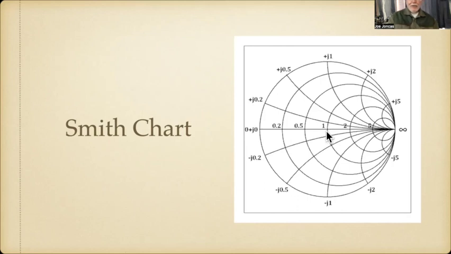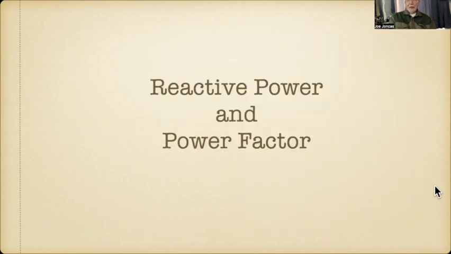You could call that 50 ohms, or you could call it 75 ohms, or you could call it 300 ohms. It doesn't matter. If this is 50 ohms, 2 times will be 100, and 1/2 will be 25. And all of these imaginary numbers up here, the plus J's, are inductance, and down here is capacitance. And that's all you need to know about the Smith chart for now, except that someday it's going to be a very nice tool to have.